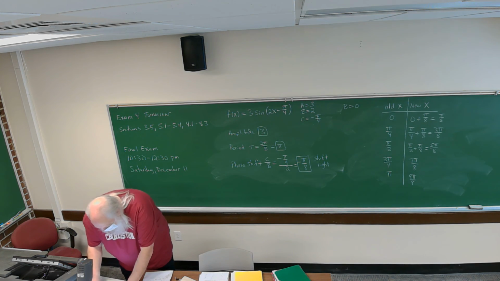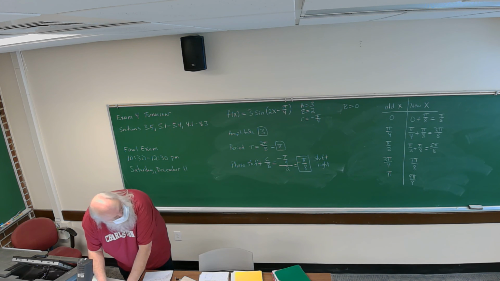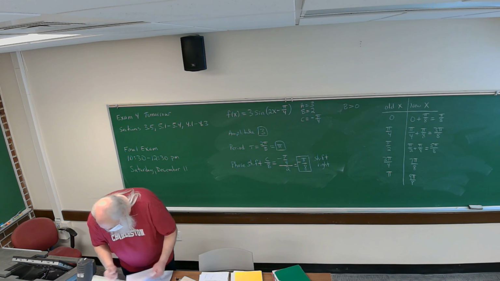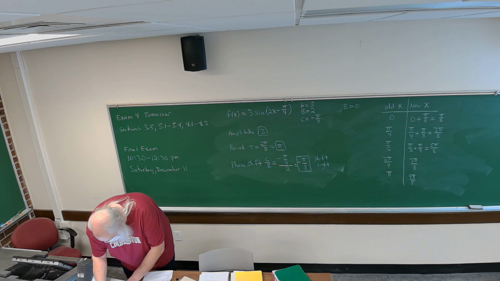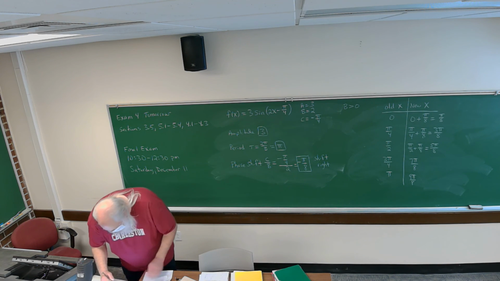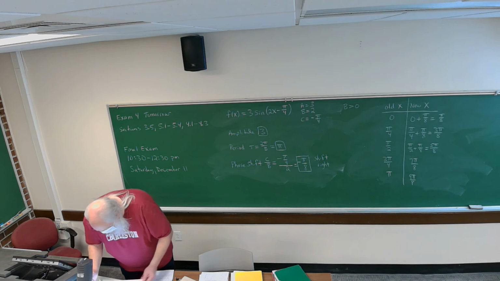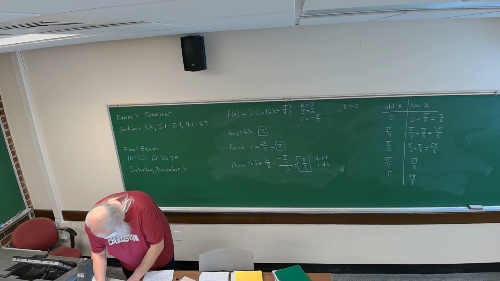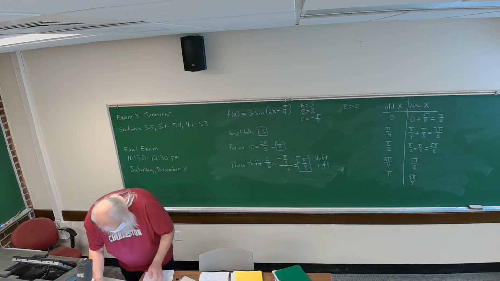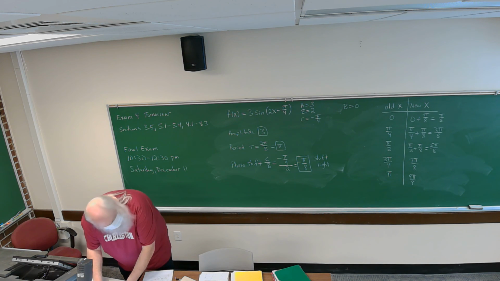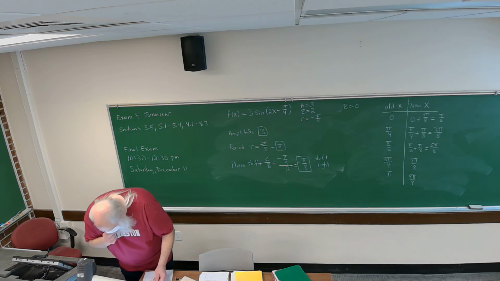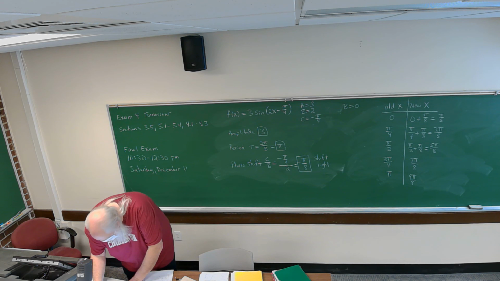And then this x-intercept at pi over 2 is now at 5 pi over 8. And the low point of the graph that was at 3 pi over 4 is now at 7 pi over 8. And lastly, this x-intercept at pi on page 5 is now at 9 pi over 8.